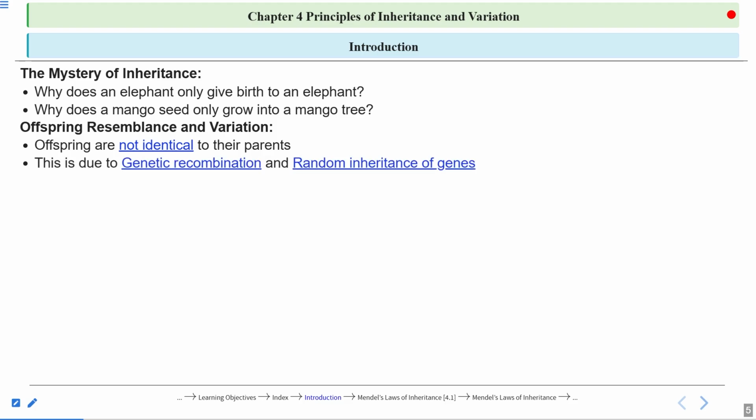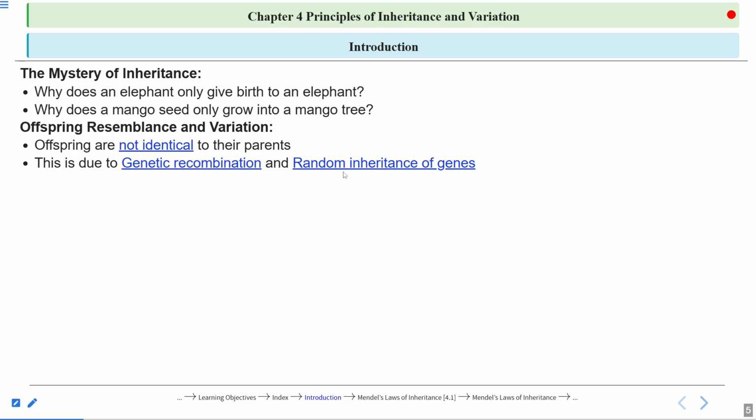This is due to genetic recombination and random inheritance of the genes. During sexual reproduction, gamete formation occurs by meiosis. During meiosis, recombination and crossing over take place in the pachytene stage. Clear? So this is one source of variation.